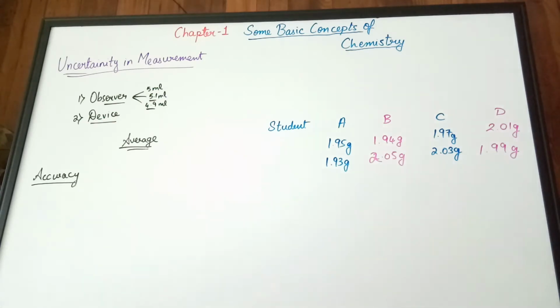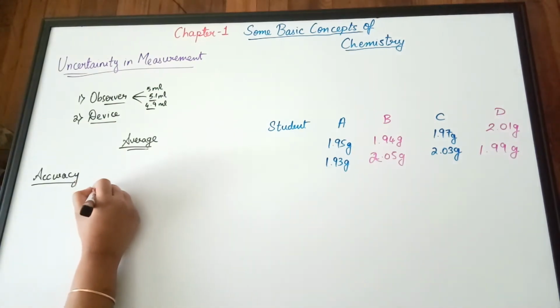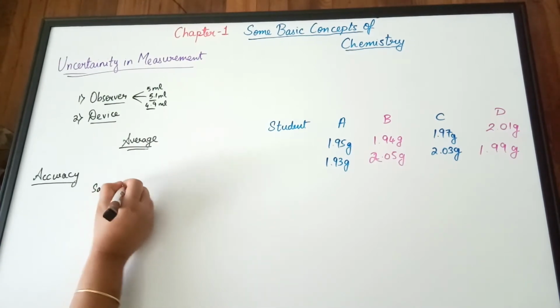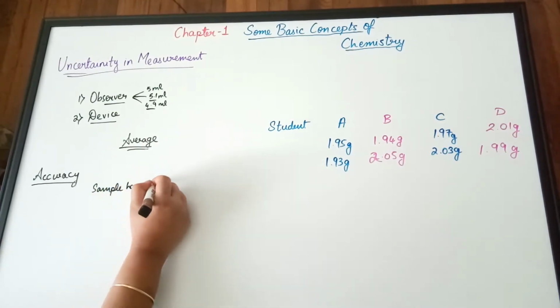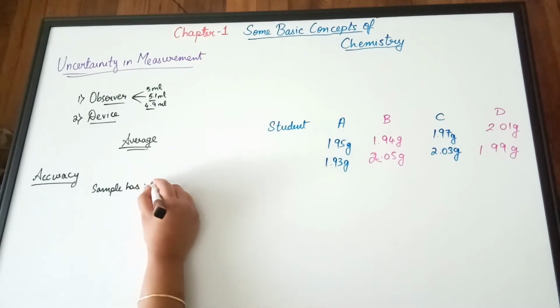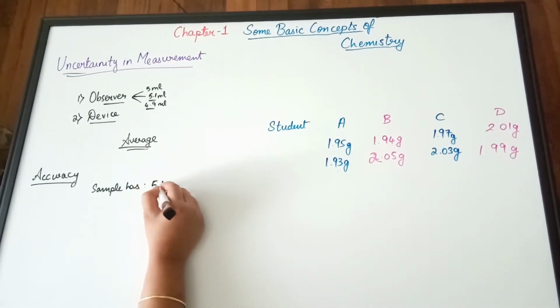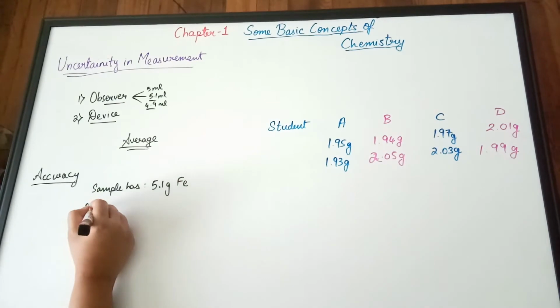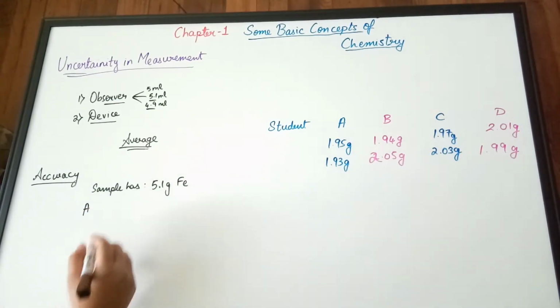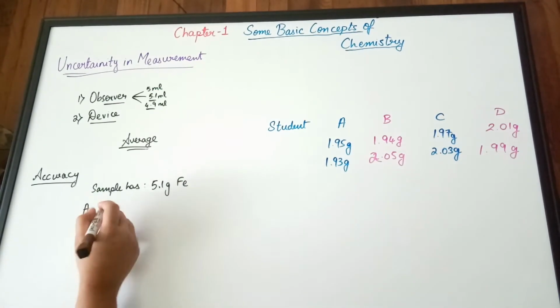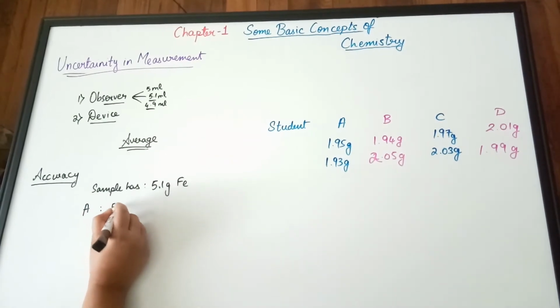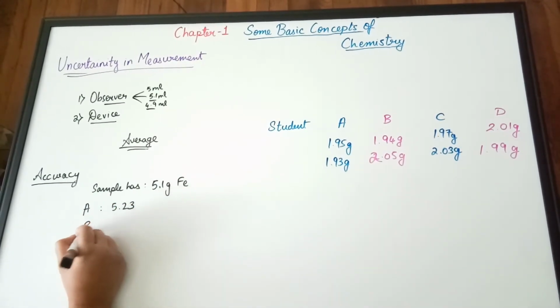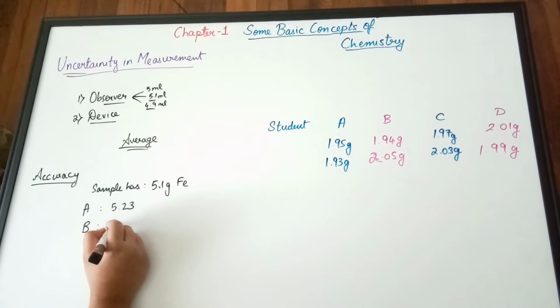Let's assume a sample has 5.1 grams of iron. Now, one person or one method, either way, A reports it as 5.23 and B reports it as 5.45.